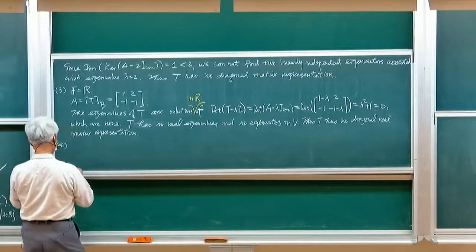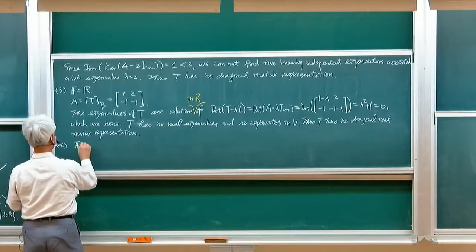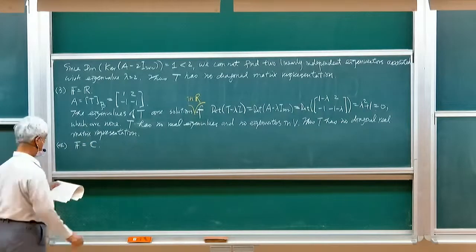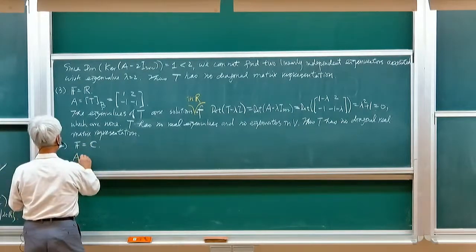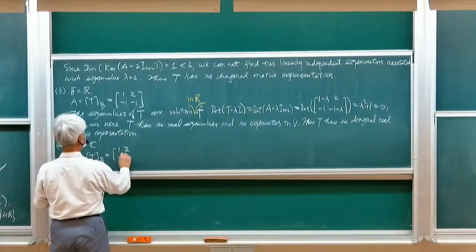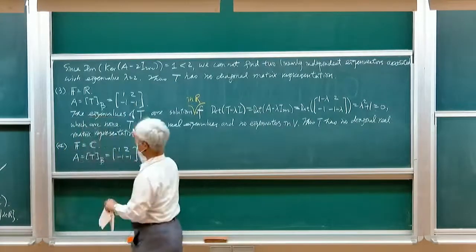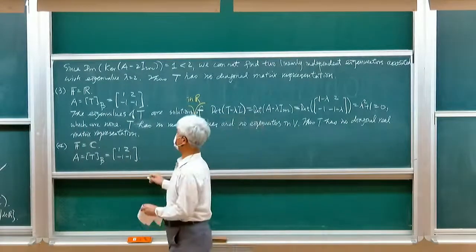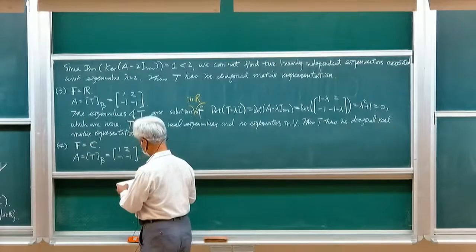Now the first example, now we consider the complex case. And the matrix representation is the same: 1, 2, minus 1, minus 1. So we have the same matrix representation.